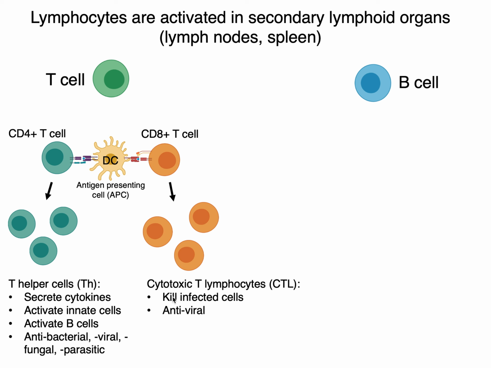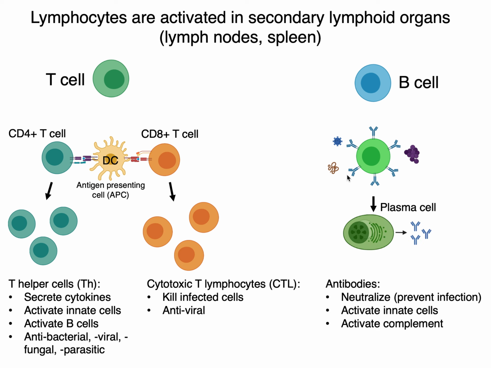CD8 T cells are killers, and so they directly kill virally infected cells and are particularly important for the antiviral response. B cells, on the other hand, get activated by soluble antigens or free-floating antigens that migrate via the lymphatic vessel into the B cell area of a lymph node.